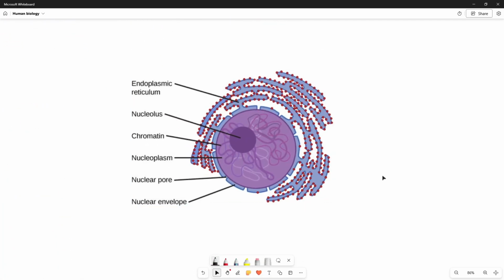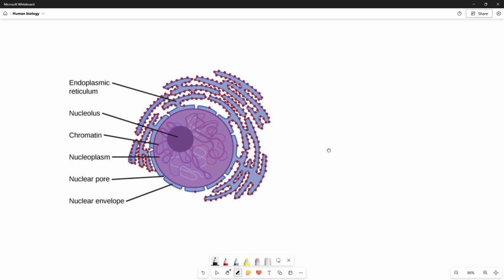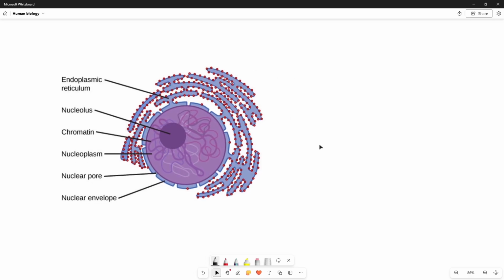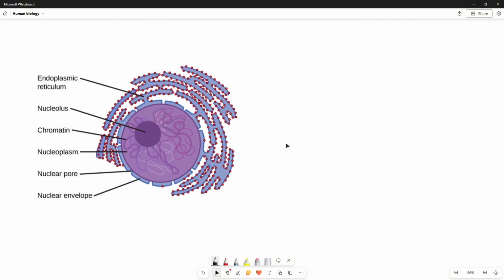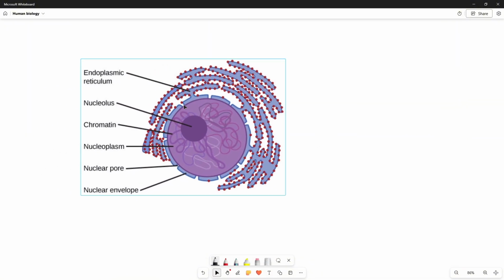This is a detailed level 3 diagram of the nucleus, and it has the nuclear envelope. As you can see, the nuclear envelope has little pores. You can say that the nuclear envelope is porous. These pores allow things like mRNA to leave and come back to the nucleus.